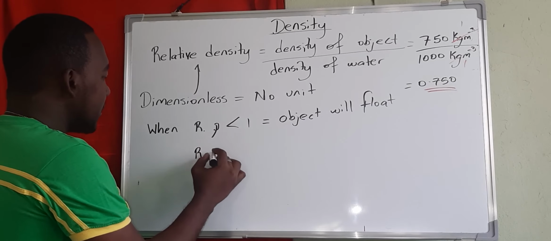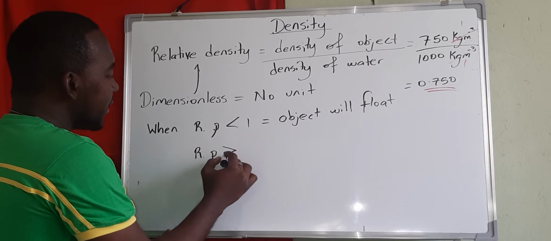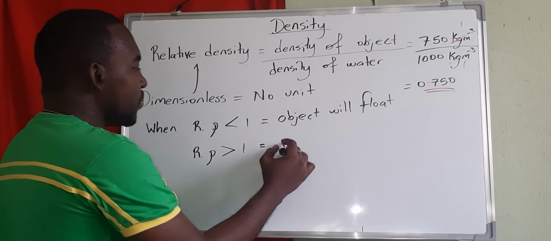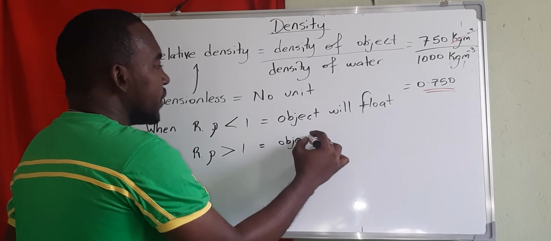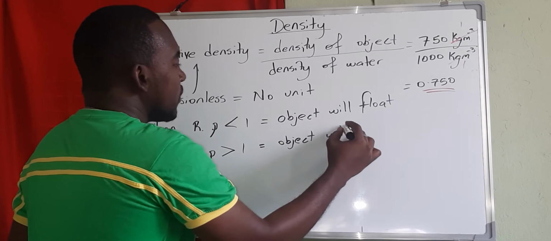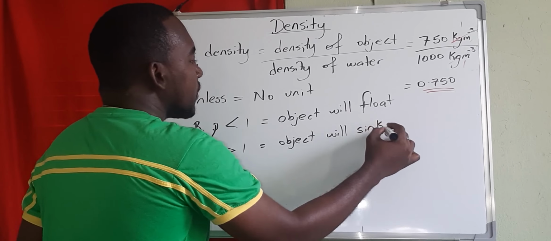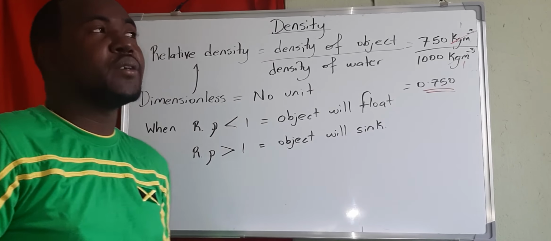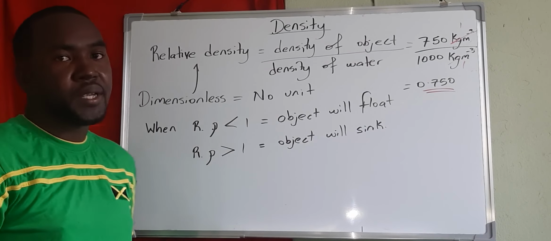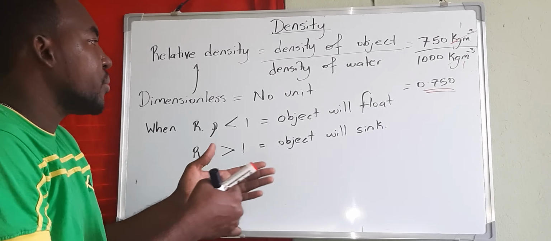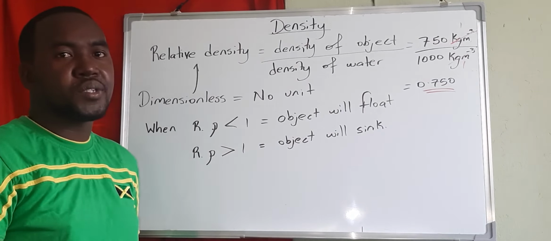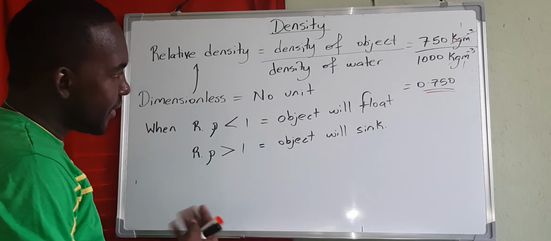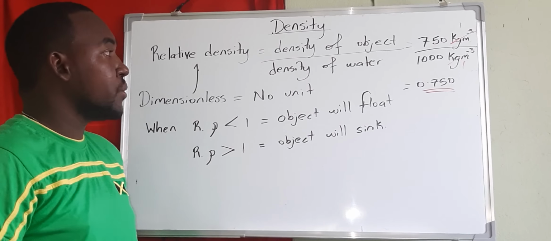Now, if it is greater than 1, then that object will definitely sink. So this is one way you can explain why objects float or sink depending on their density. There are other ways that we'll look at in the future, but the first way that you're going to learn is the relative density.